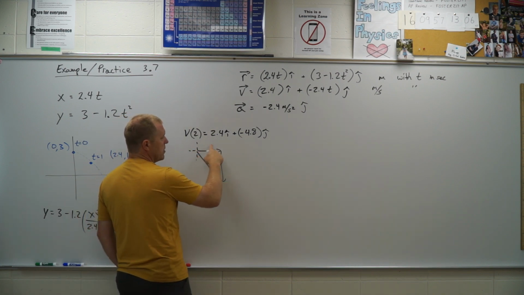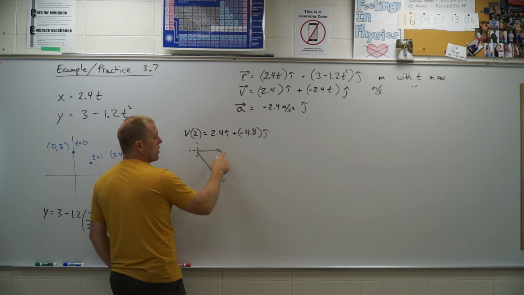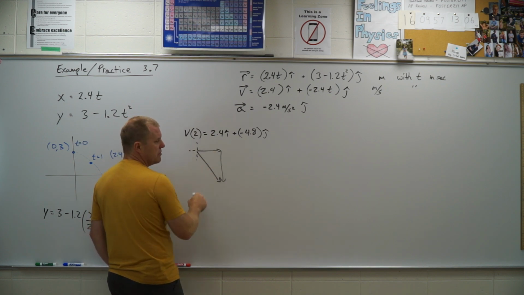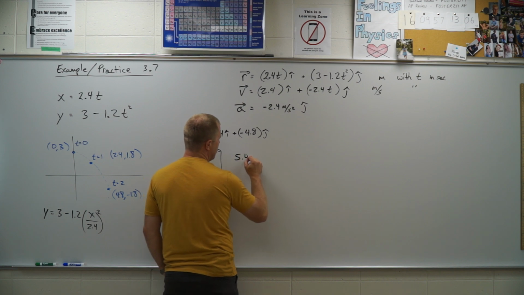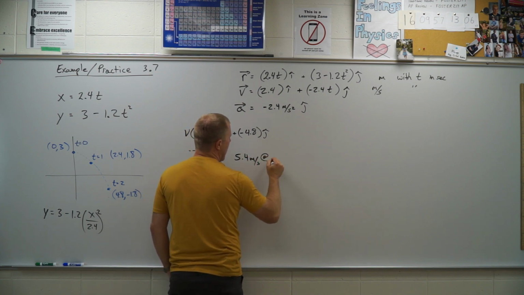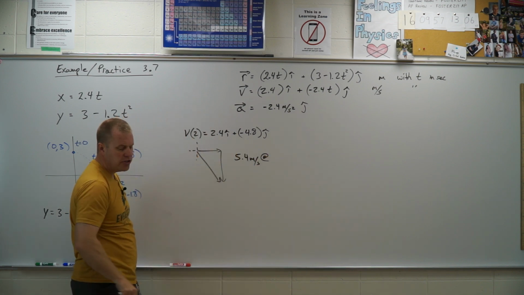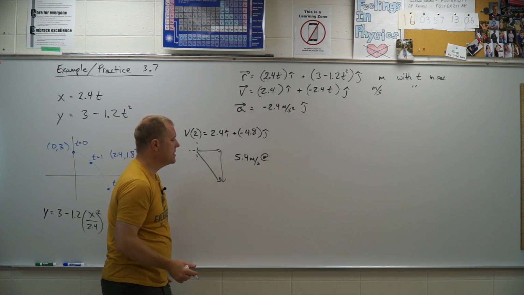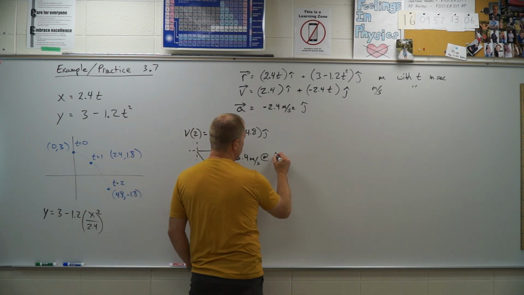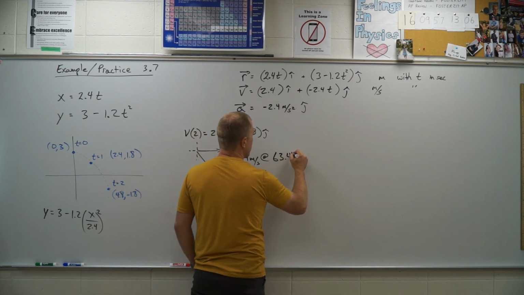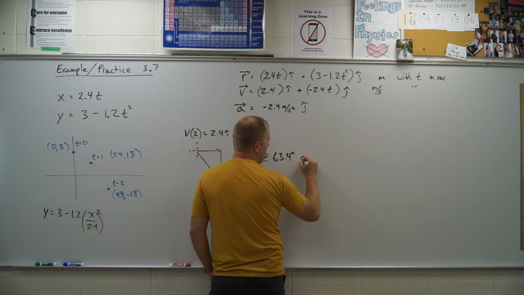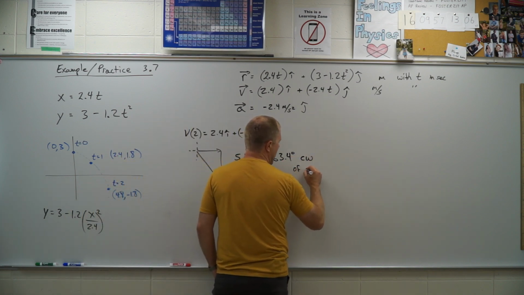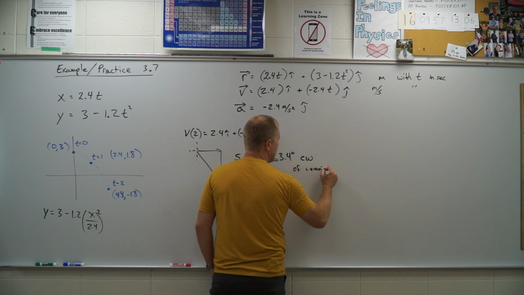So 2.4 squared plus 4.8 squared comes out to be 5.4 meters per second at, taking the inverse tangent of those two, 63.4 degrees. And then we just need to give a direction on this. We're going to call that clockwise of the positive x-axis.